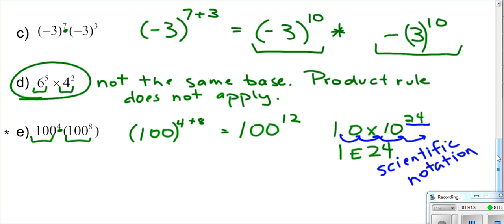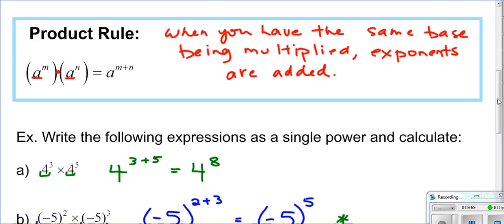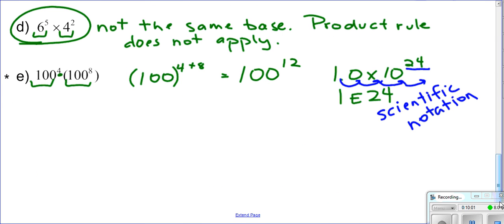We can also use scientific notation to show very, very small numbers. And so we might have something like 1.0 times 10 to the negative 24. So remembering that negative tells us the left direction, this is saying that the decimal place is actually 24 times to the left.